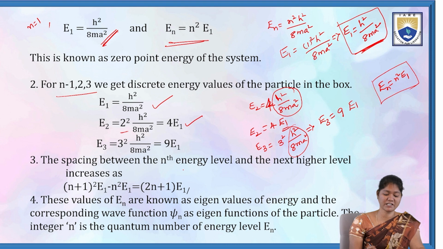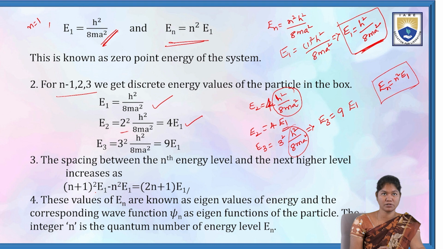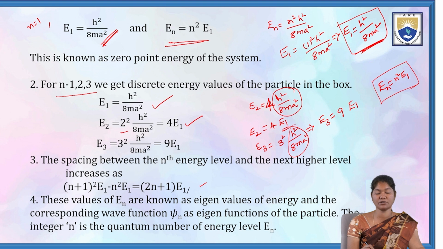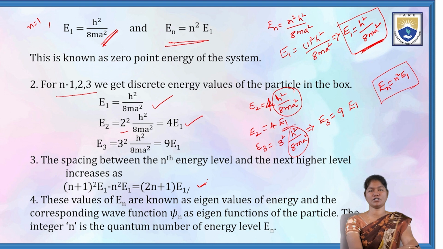So the spacing between the nth energy level and the next higher level is (n plus 1) whole square E1 minus n square E1, which is equal to (2n plus 1) E1. So like this, the spacing between the energy levels increases going to higher energy levels.